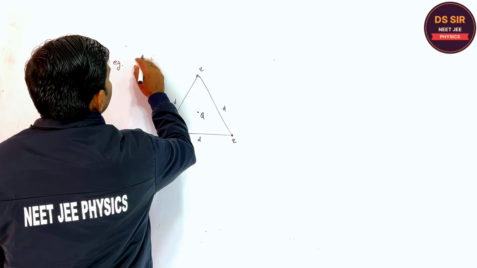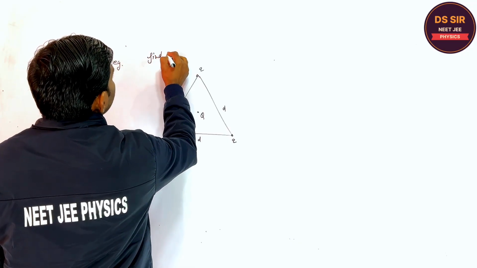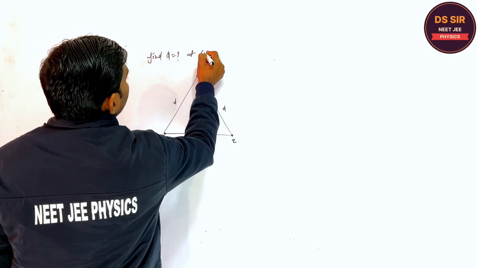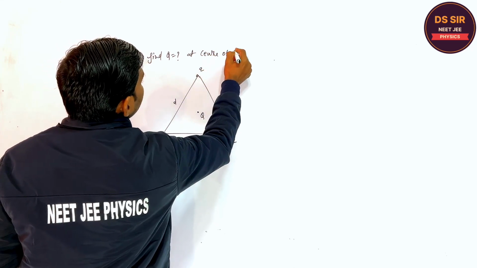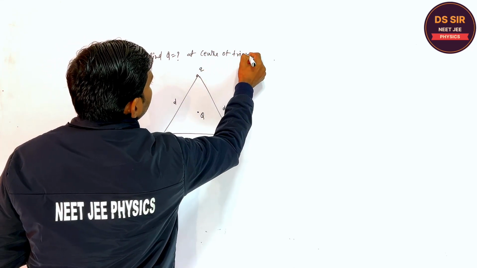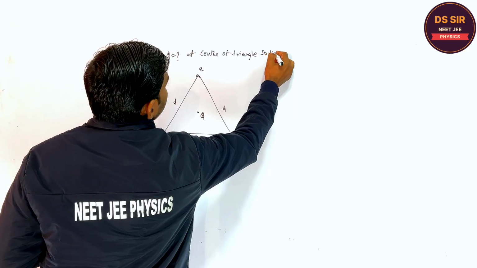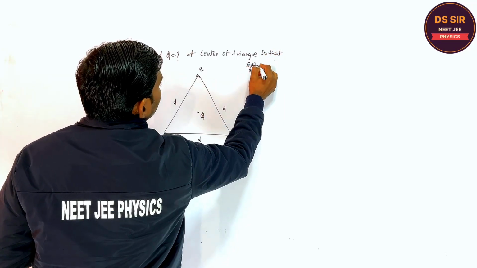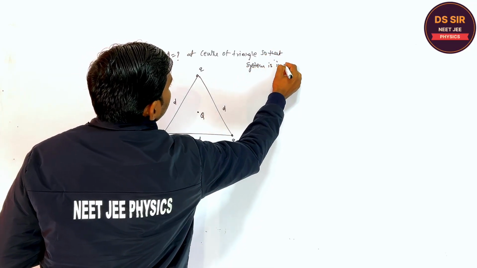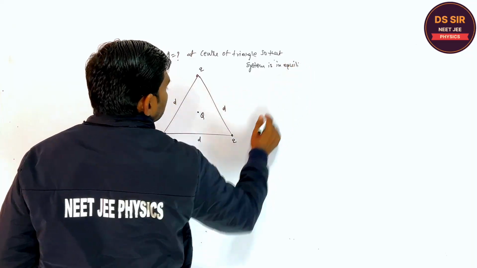Find capital Q at the centroid, at the center of the triangle, so that the system is in equilibrium. You understand or not?